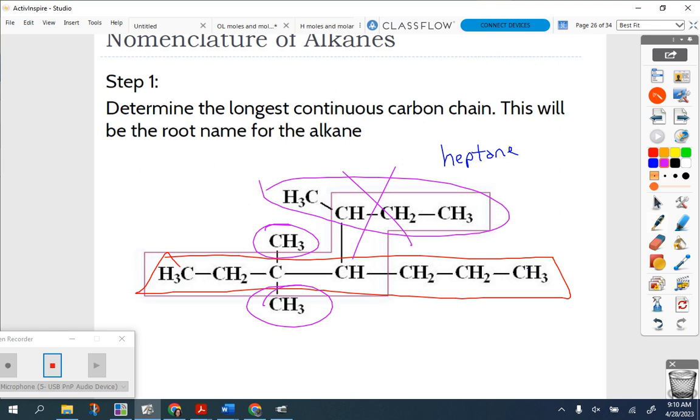Now, something to point out is that sometimes they will give you a structure where it looks like the straight chain should be the longest one, but it's not. So you have to check yourself. I've seen questions in Question Bank where the branch is actually longer than what it looks like the base should be.